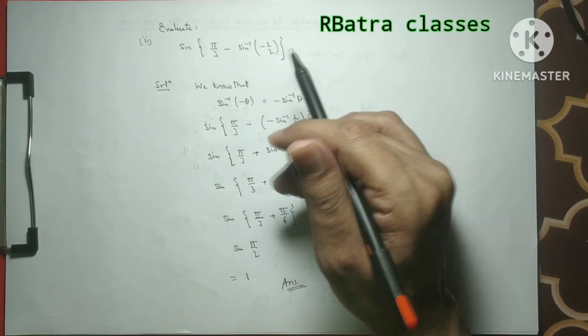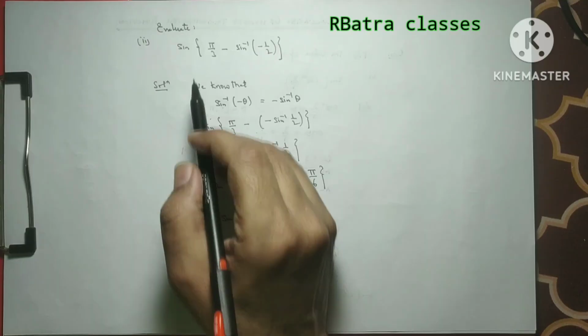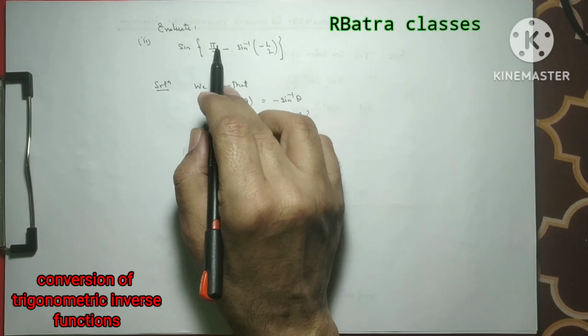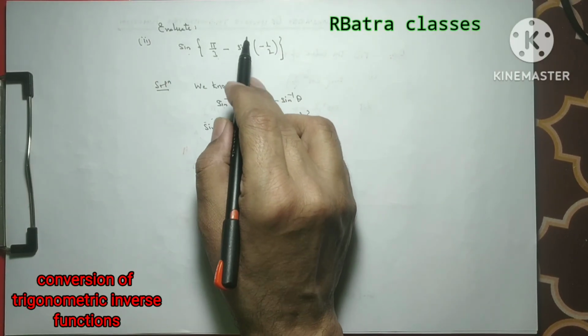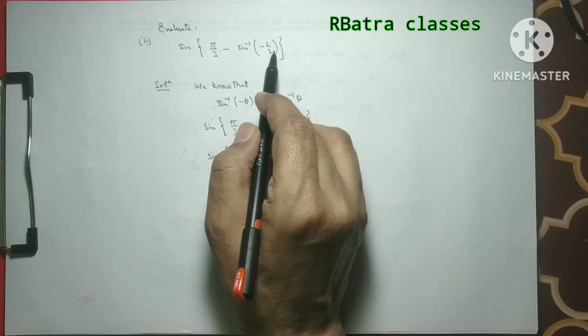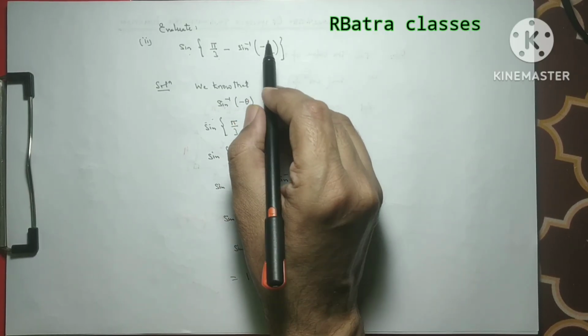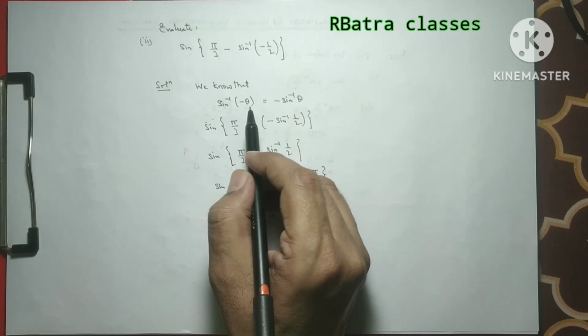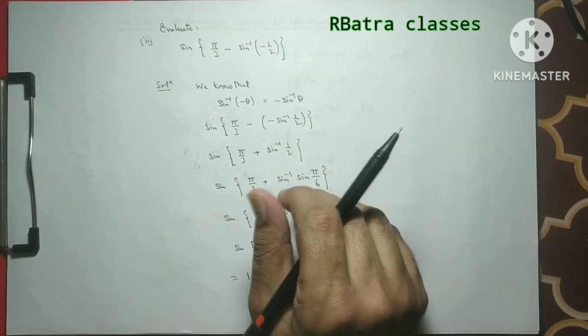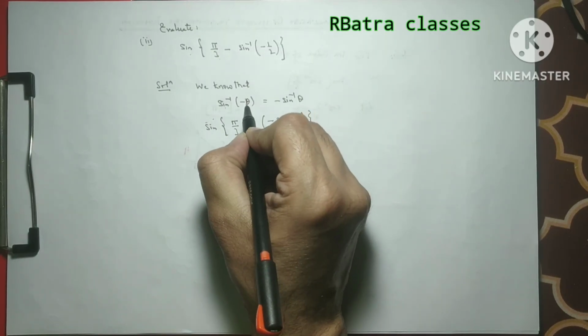Now the next evaluation is evaluate sine of pi by 3 minus sine inverse of minus half. So as we know, sine inverse of any negative value is minus of sine inverse x.